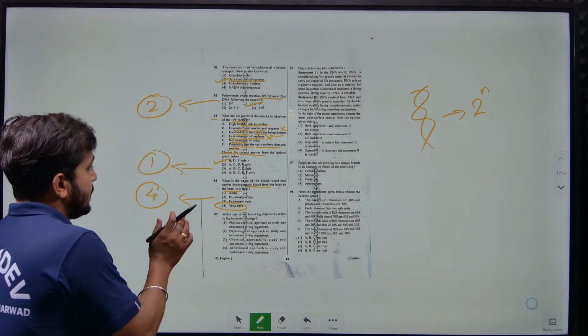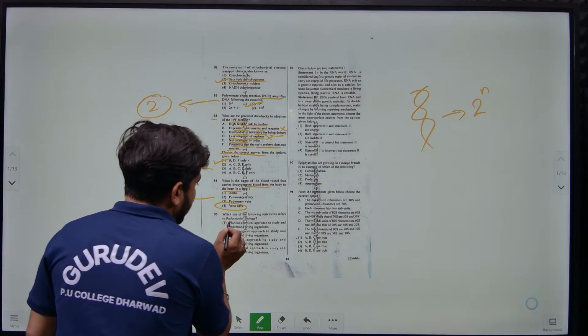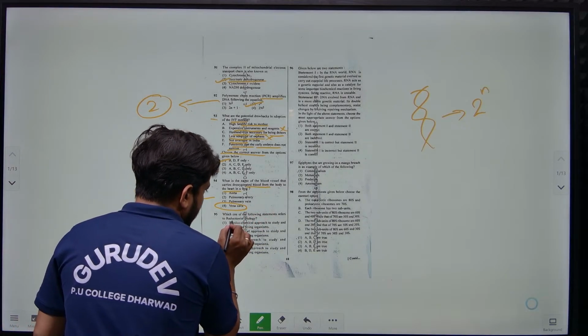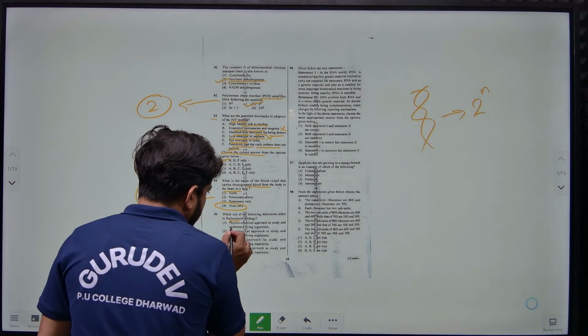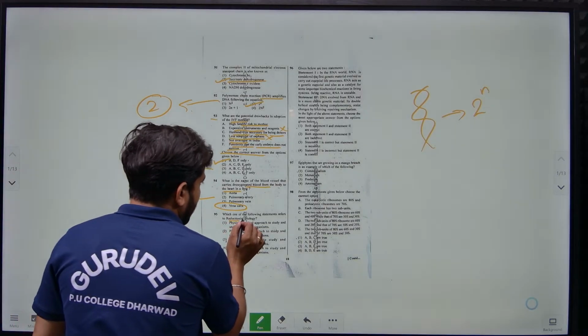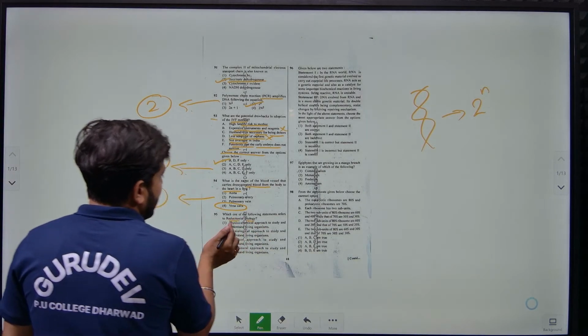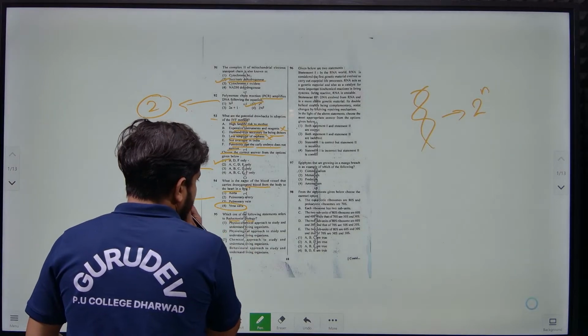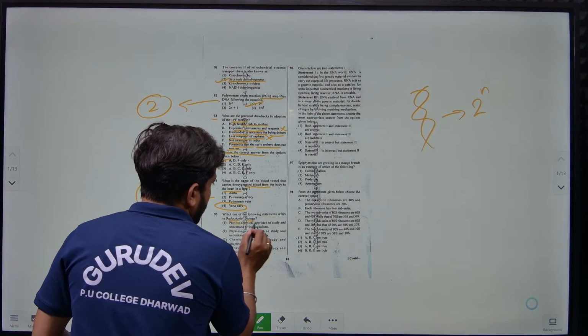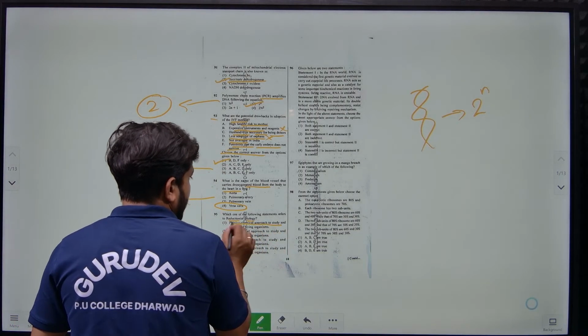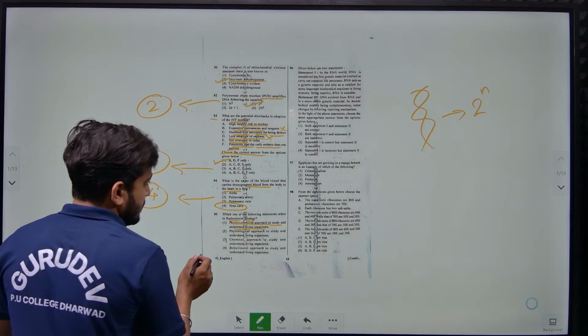Then which one of the following statements refers to reductionist biology, right? So the options they are giving here: physicochemical approaches to the study and understanding of living organisms, right?